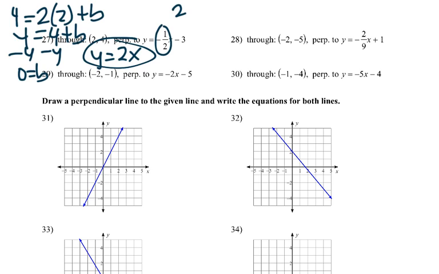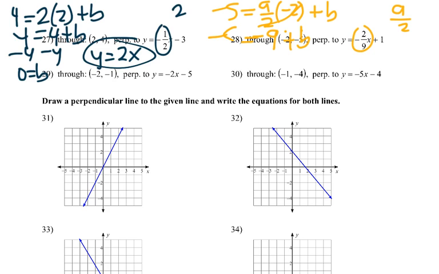Okay, 28, slope of negative 2 over 9 would become perpendicular, positive 9 over 2. A y value of negative 5, slope of 9 over 2, x value of negative 2, plus b. The 2's cancel, 9 would be negative. Add 9. Negative 5 plus 9 is positive 4 for b. So my new equation, y equals 9/2 x plus 4.